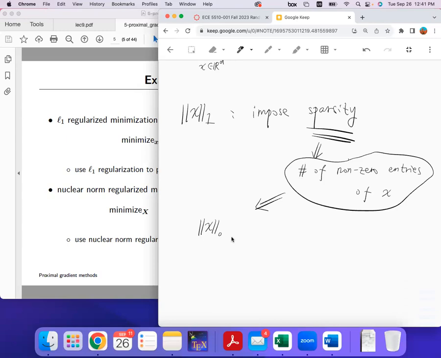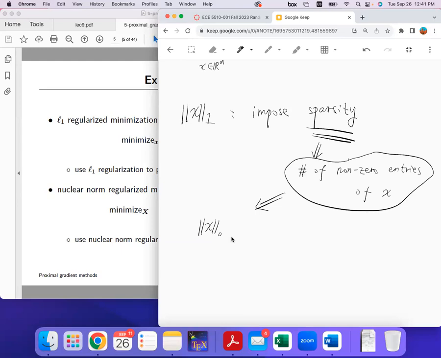And once you do that, it reduces to this definition. So the L0 norm of x simply counts the number of non-zero entries of x. You have a vector x, you just look at how many entries are non-zero.